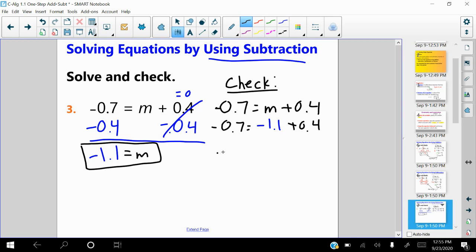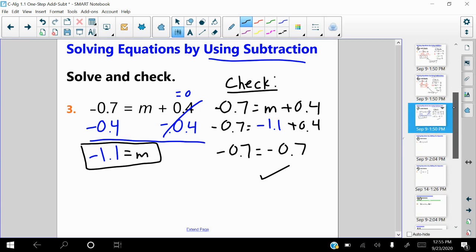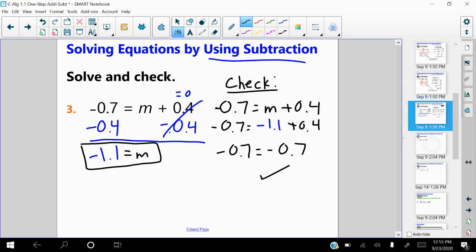We're now going to simplify. We get negative 0.7 is equal to negative 0.7, and this is true, which means that our answer of negative 1.1 is equal to m is going to be correct.